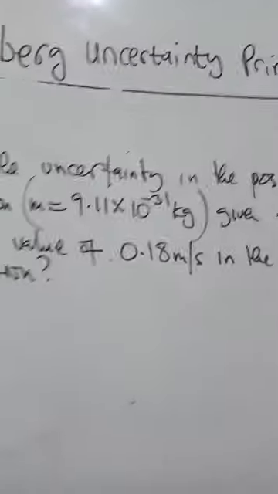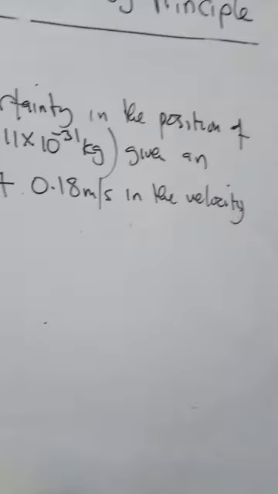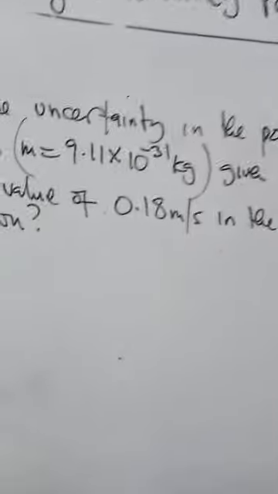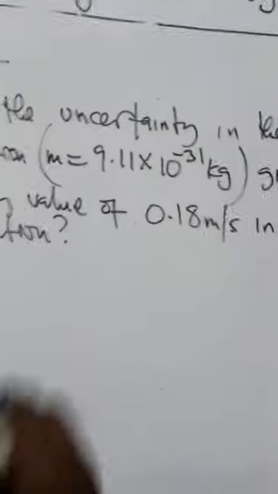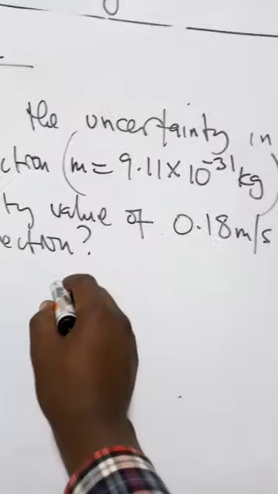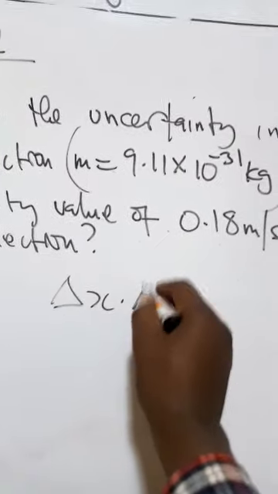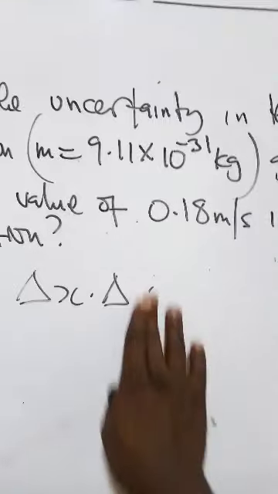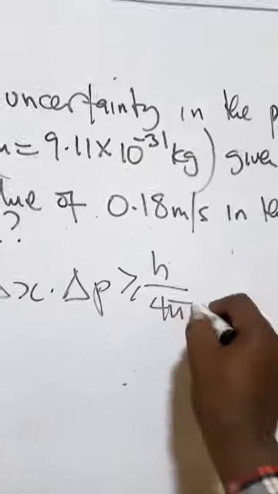So here now we can calculate the uncertainty in position when the electron is moving at 0.18 meters per second. Using the Heisenberg uncertainty principle, we have delta x delta p greater than or equal to h over 4 pi.